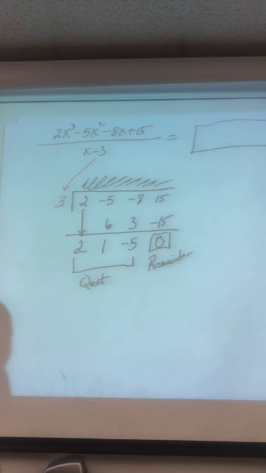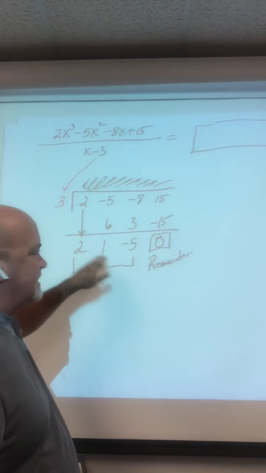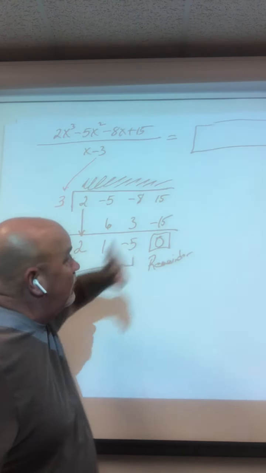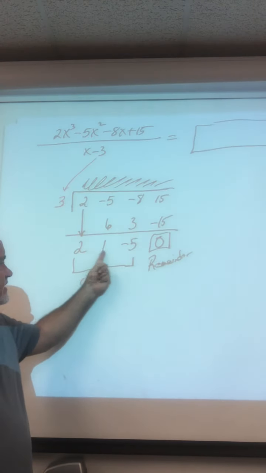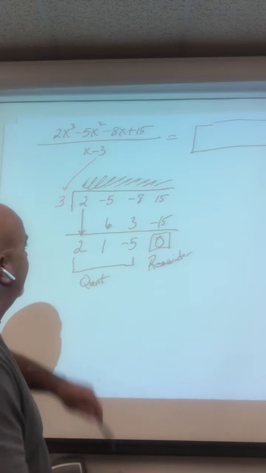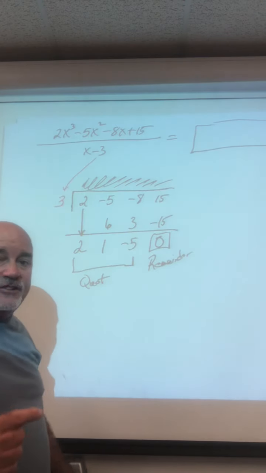Now, when we go to put our answer back up here in this block, I don't want to write it like this. I need to write it out with the x's in it. I took the x's out, but when you put the answer in, you've got to put the x's back in. Now, what x's go behind each of these numbers? Well, look at what we divided. You divided x cubed by x to the first.